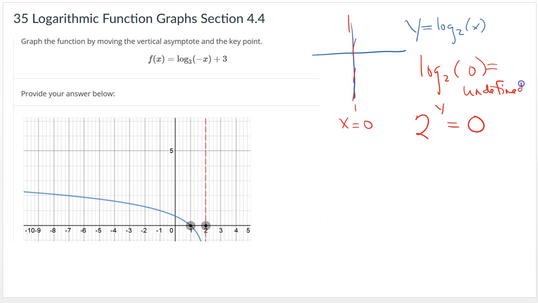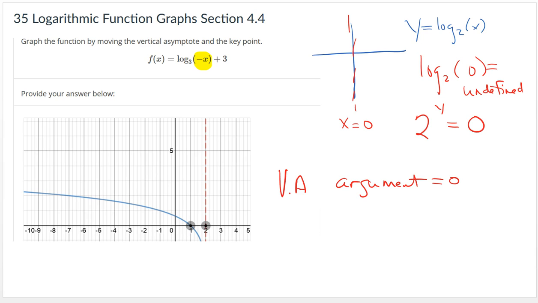Now how does that extend to other problems? Well, to find a vertical asymptote, you set the argument of the logarithm equal to 0. What do I mean by argument? Just the inside. So whatever's inside the logarithm, which is negative x in this particular case, set equal to 0, and solve for x.